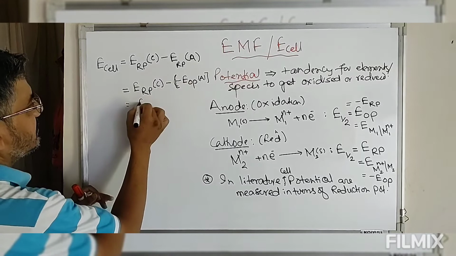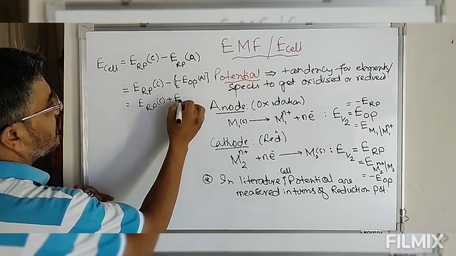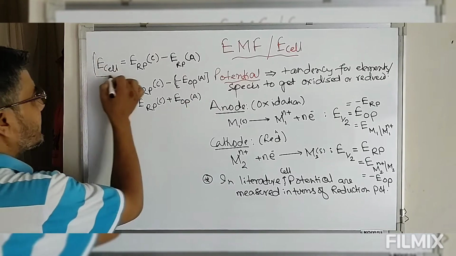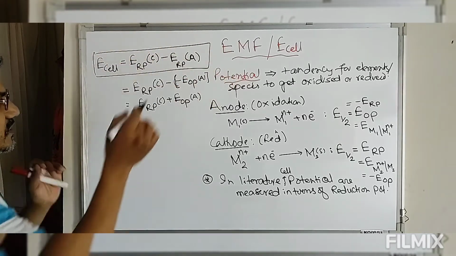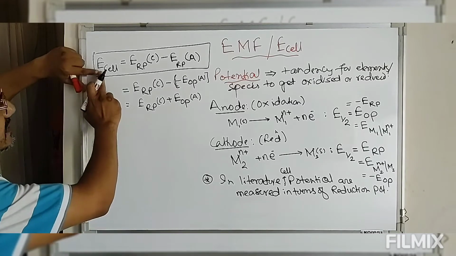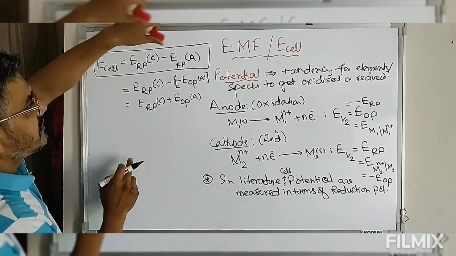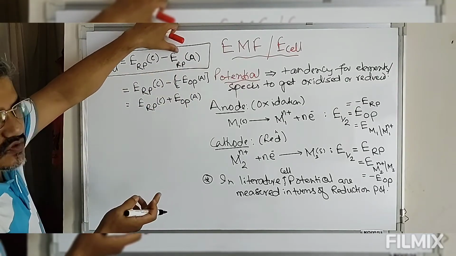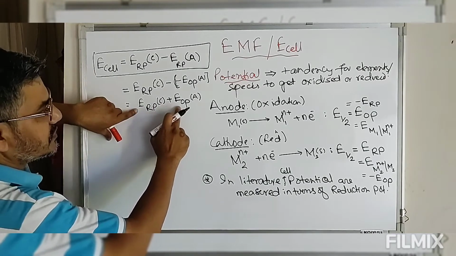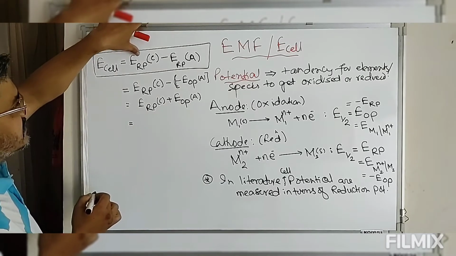So that means this is reduction potential of cathode plus oxidation potential of anode. This is the standard definition, but apart from this we can also have different forms. So E cell is reduction potential of cathode minus reduction potential of anode. Reduction potential is equal to minus oxidation potential, so this can be written as reduction potential of cathode plus oxidation potential of anode.